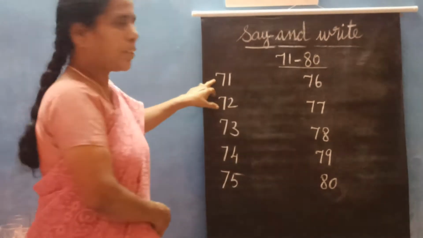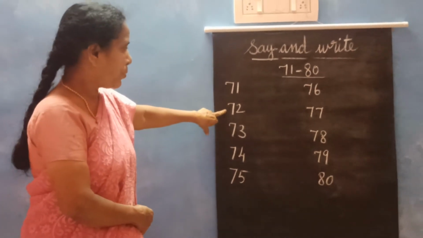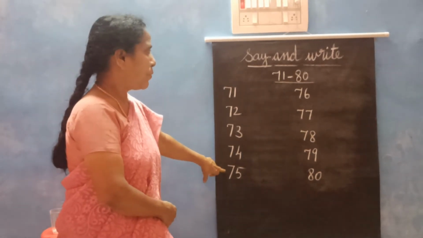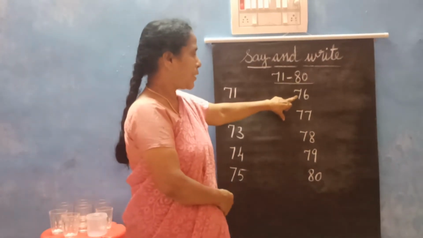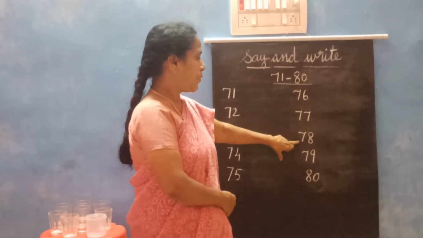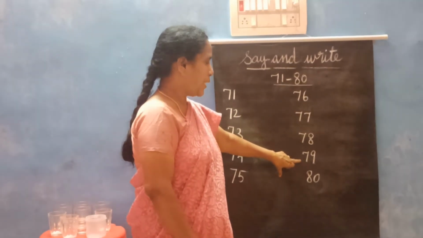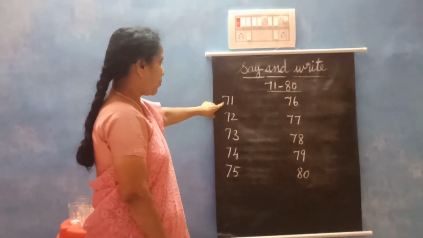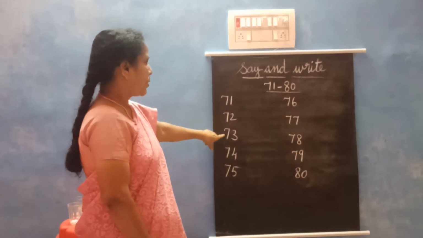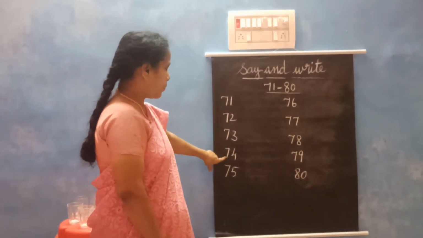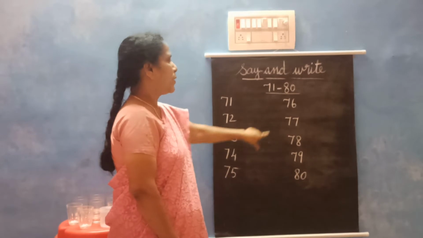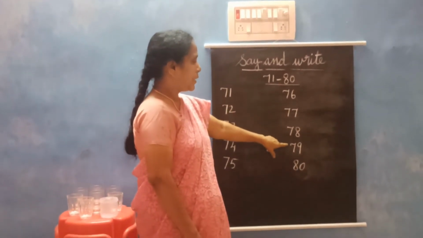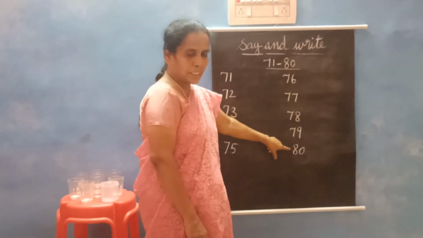Again, 71, 72, 73, 74, 75, 76, 77, 78, 79, 80. This is numbers.